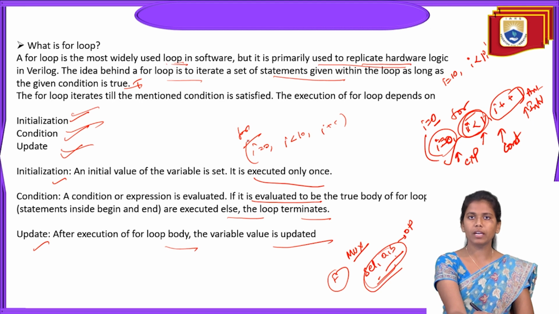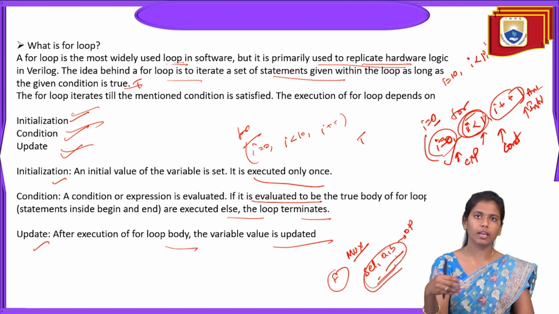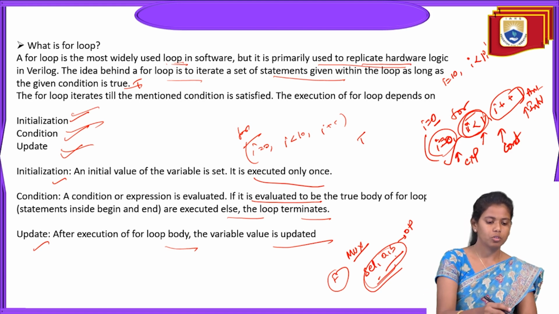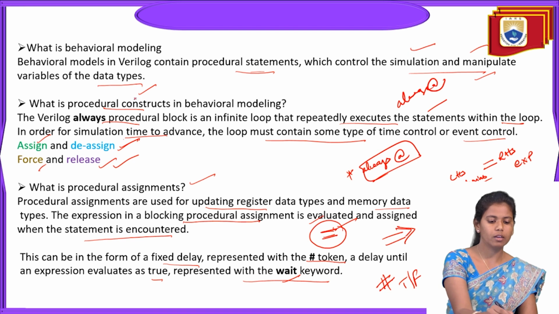The for loop keeps on executing as long as the condition is true, and when the condition is no longer satisfied, it terminates.